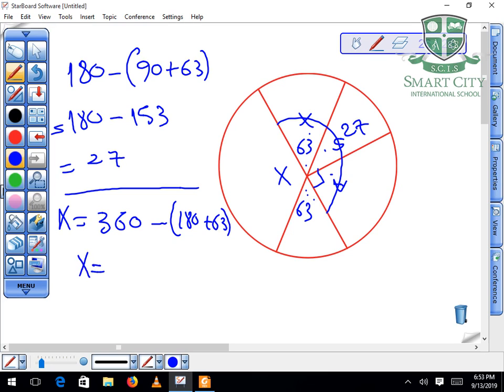So angle x equals 360 minus 243. So x equals, yes, 117.